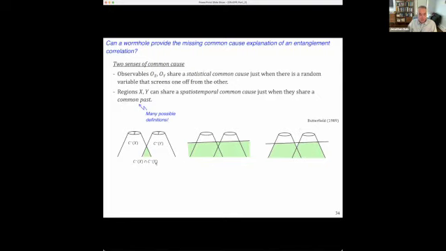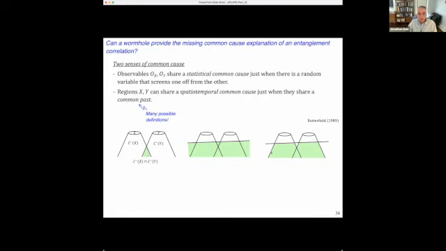Right, so here are three suggestions for the notion of a common past of two regions X, Y. One popular definition is just in terms of the intersection of the causal paths of regions X and Y, which would be this triangular region here.